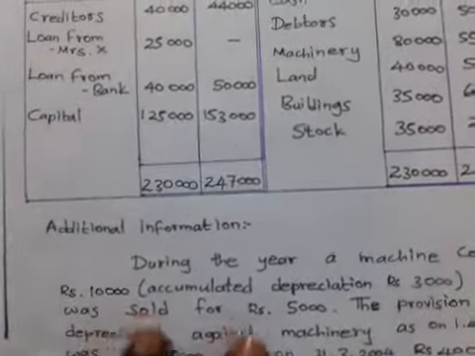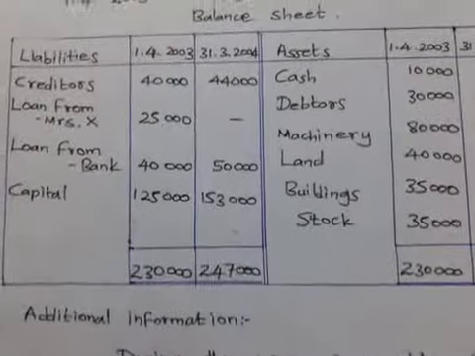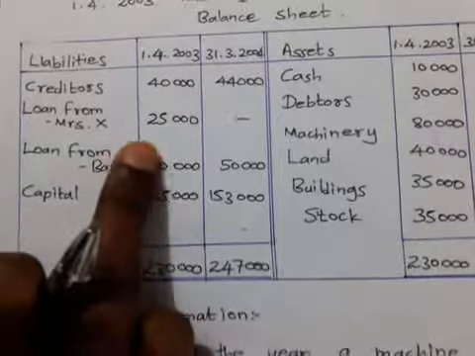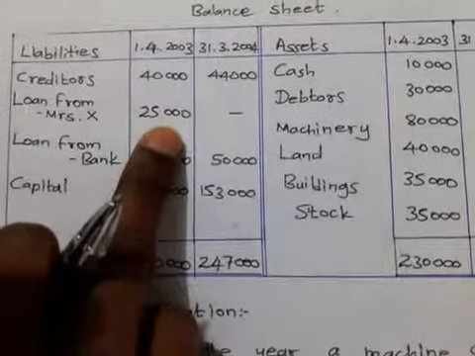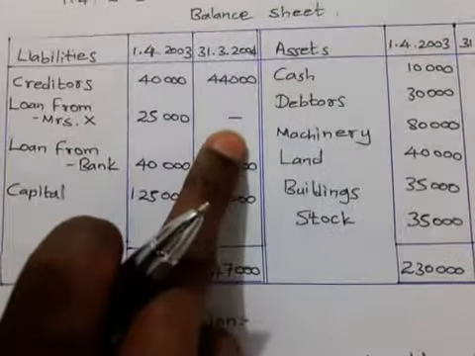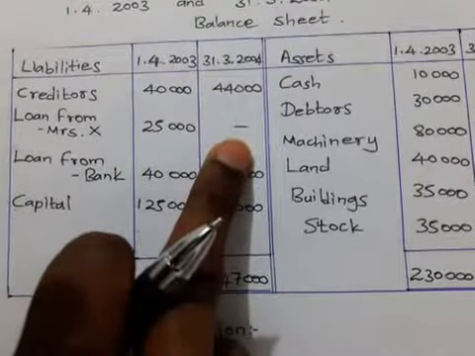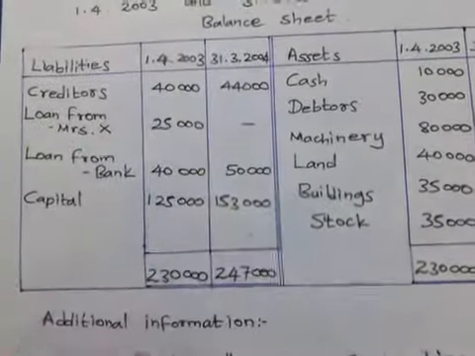And from the balance sheet we find there is a loan from Mrs. X, 25,000 opening balance. At the end of the year there is no amount, so it's completely paid by the company. So 25,000 goes out.